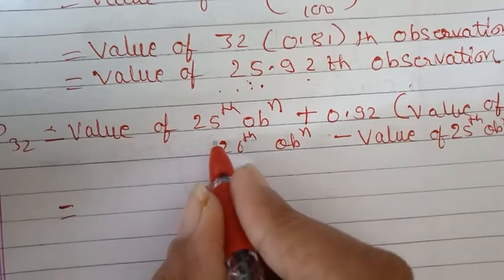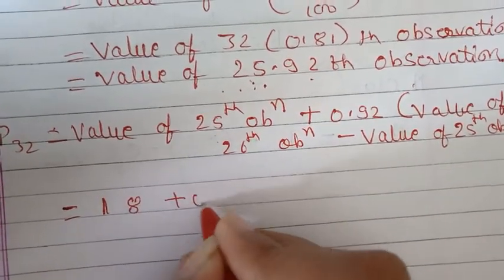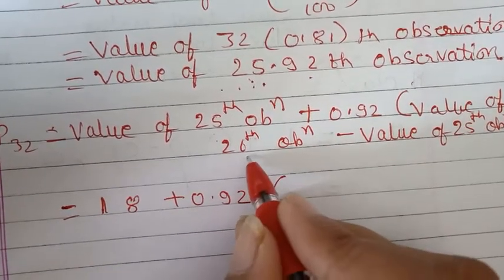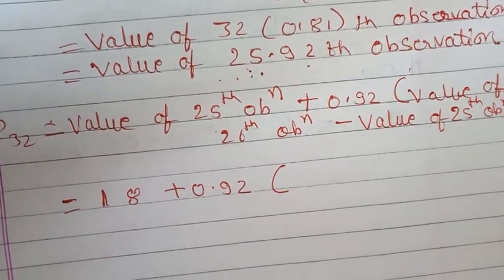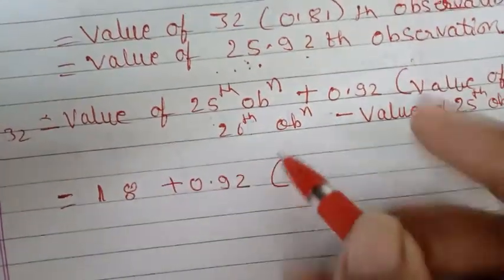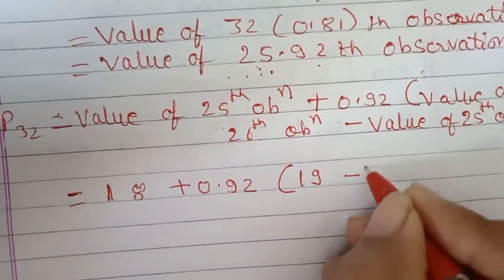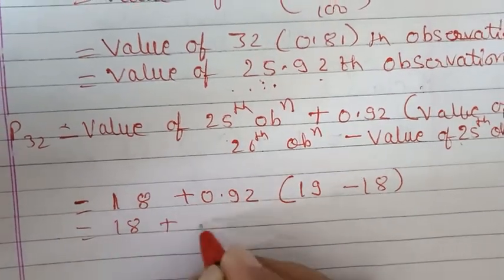So value of 25th observation was 18 plus 0.92 in bracket value of 26th observation. When we refer to our column, it will give us 19, and 25th observation 18. So 18 plus 0.92.